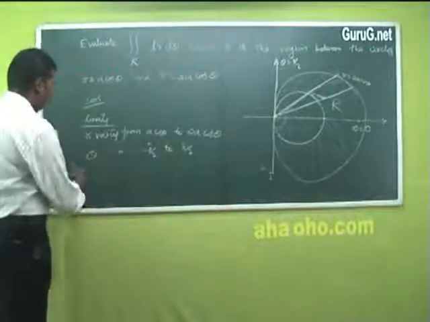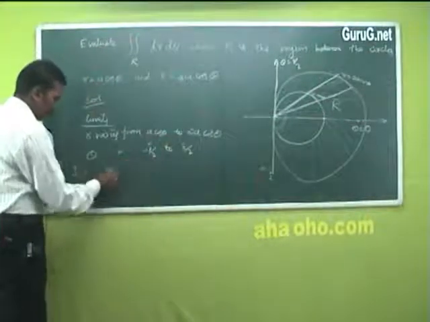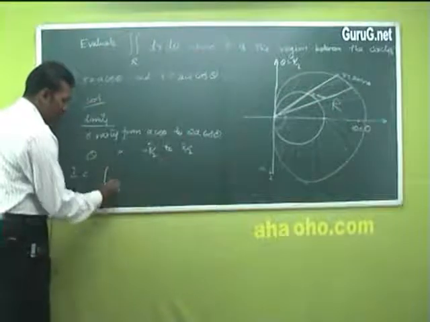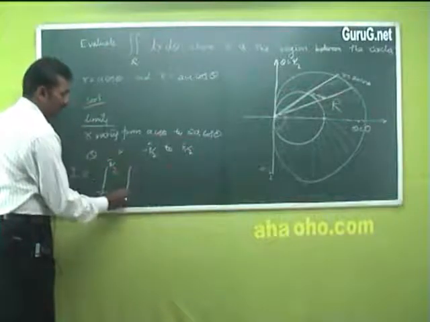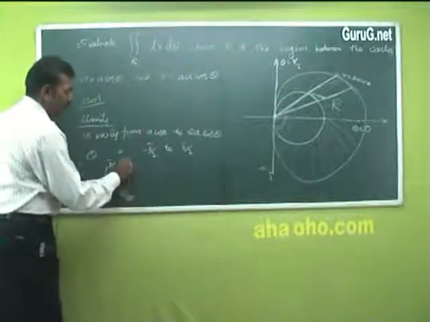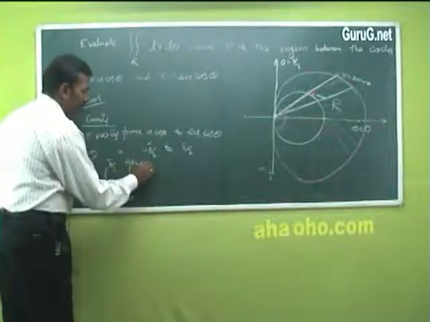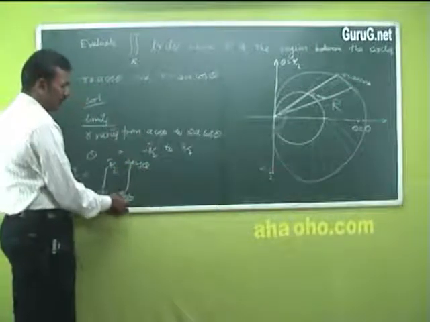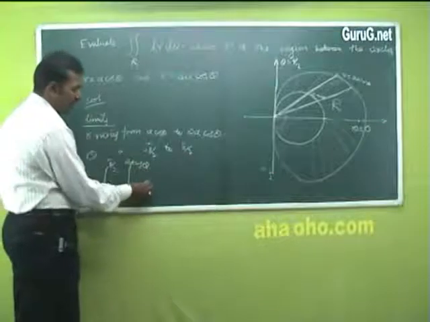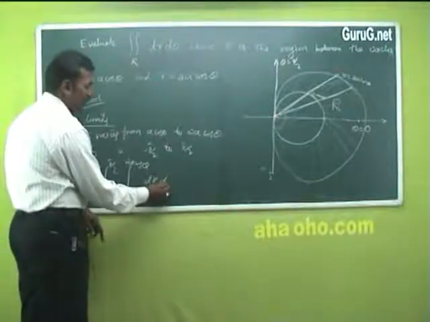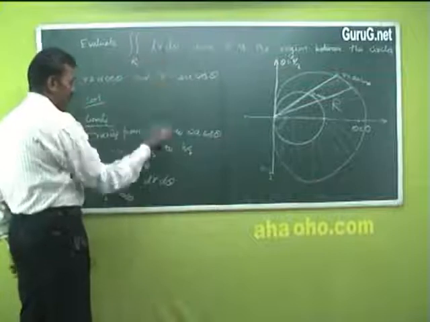Now the constant limits are minus pi by 2 to plus pi by 2, then a cos theta to 2a cos theta. So in order to write it, it is a variable in theta, it is an r limit, so the order is dr d theta, okay, the same order.